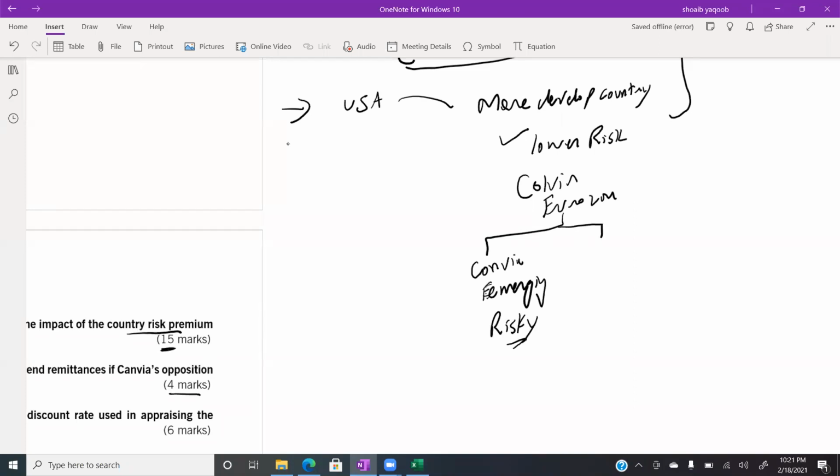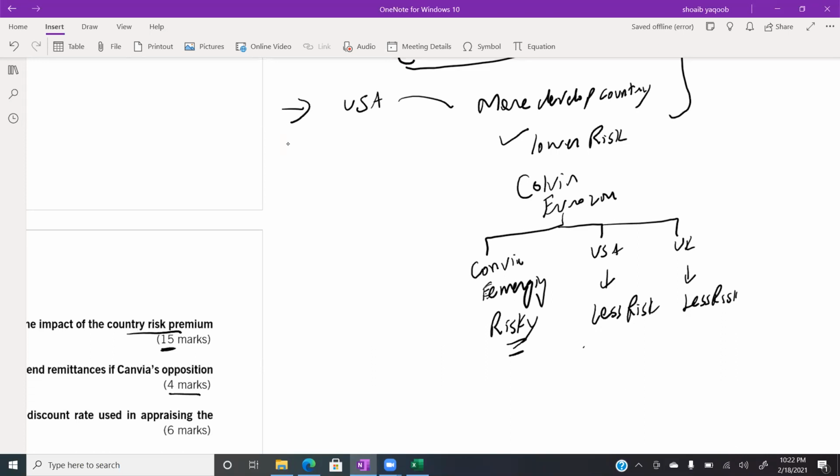But this company must have invested in other countries like USA, like UK, where there will be less risk. So that means this additional risk will be diversified away by the company if it has invested in different countries. So there is no need to add country risk premium while evaluating the investment.